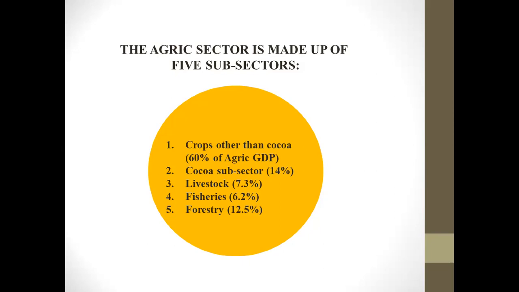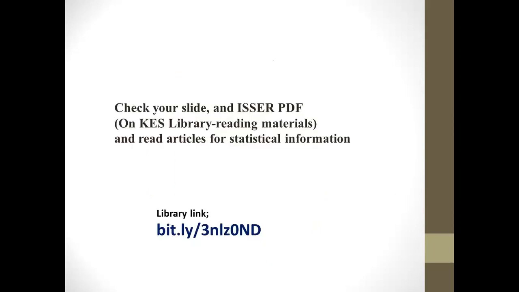The livestock subsector, the sheep, the cattle, all of those, 7.3%; the fisheries, our fish and other seafoods, 6.2%; and the forestry, our timber and so on, 12.5%. These are the contributions they give to Ghana's GDP from the agriculture sector alone.